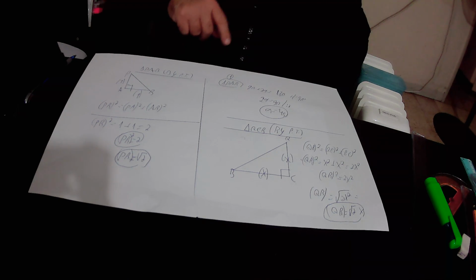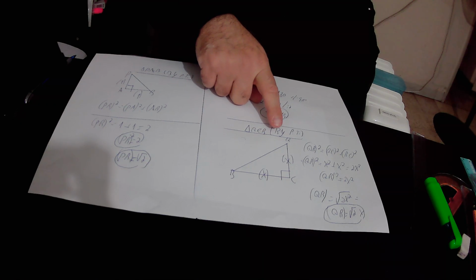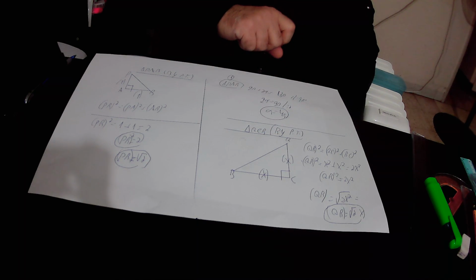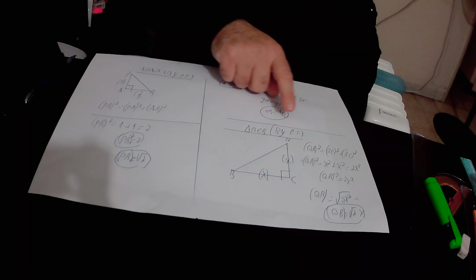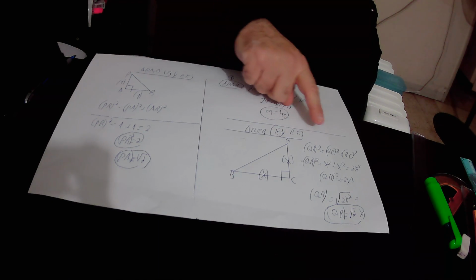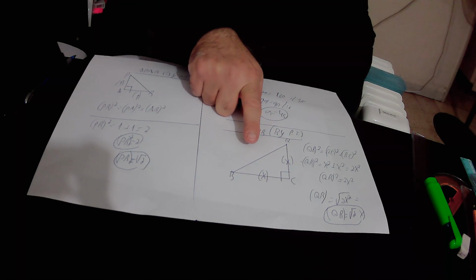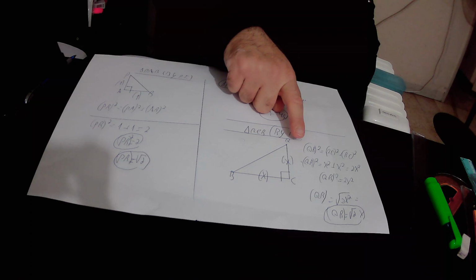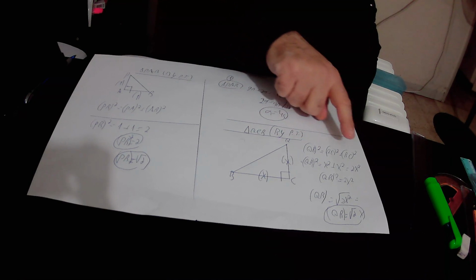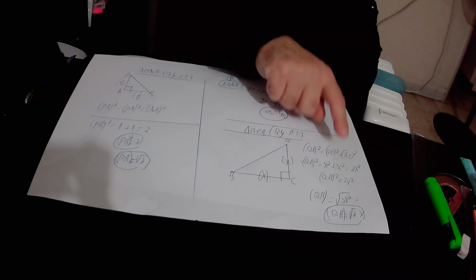According to the Pythagoras theorem, in this right triangle QCB, QB square equals QC square plus BC square. QC is x, therefore QC square is x square, plus BC square. BC is also x, therefore BC square is x square. So in total QB square equals x square plus x square, that is 2x square. So QB square, that is the square of the hypotenuse, equals 2x square.